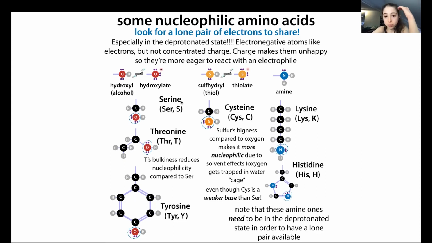And so remember, we talked about how cysteine is a stronger nucleophile but weaker base than serine. Threonine, now we have steric effects coming into play because it's bulkier. This is actually a secondary alcohol as opposed to a primary, because this carbon is attached to a single non-hydrogen, and here you're attached to two non-hydrogens, or two other carbons, and so this is a secondary alcohol.